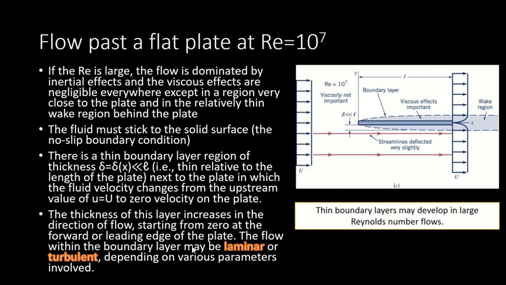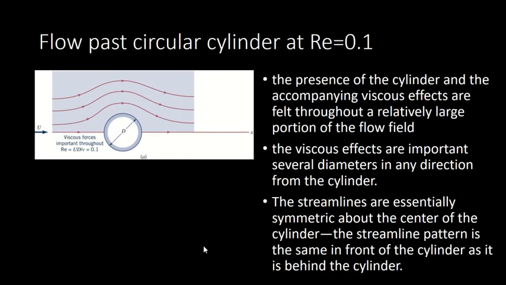Okay, and now what happens to a bluff body like a circular cylinder when we vary the Reynolds number? As you can see in this figure, the Reynolds number is now u d over nu, the viscosity, where d is the characteristic length for the cylinder.